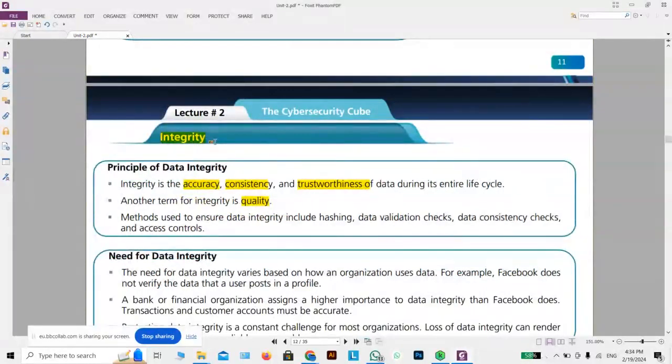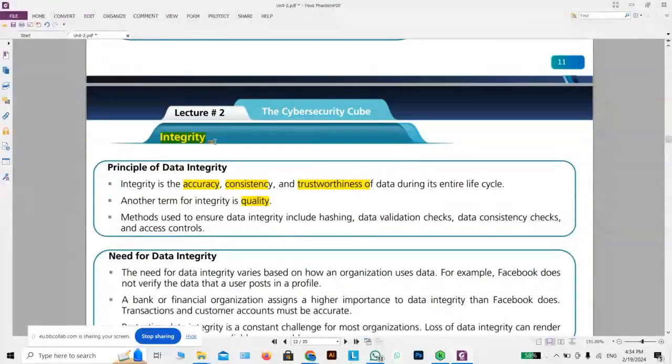The first dimension we already discussed. So what are those principles? Confidentiality, integrity, and availability. We already know confidentiality very well and how to apply it, and we also discussed some examples of ensuring the confidentiality of data, individually and for organizations as well. Let's now talk about integrity.